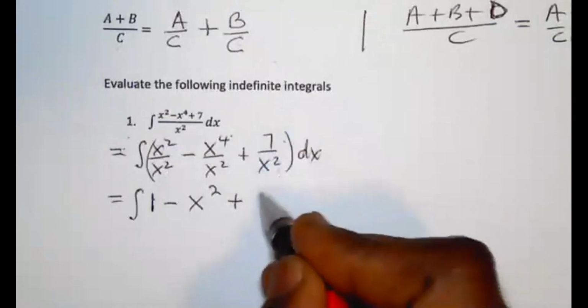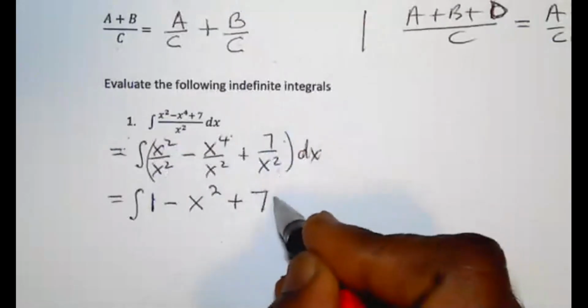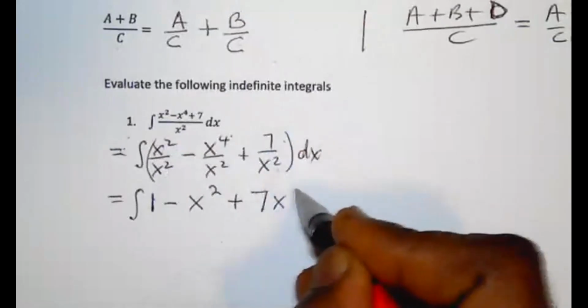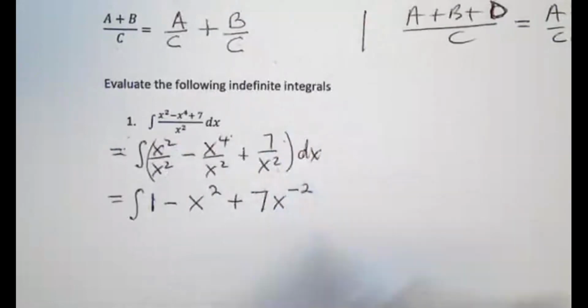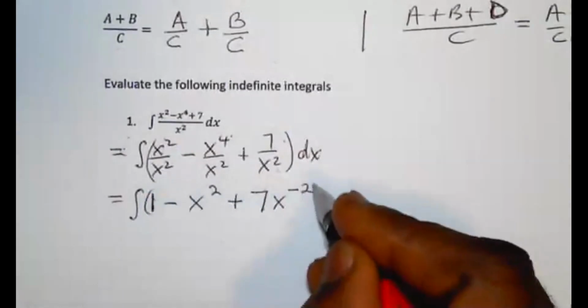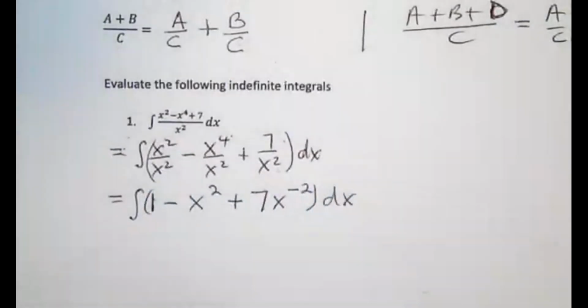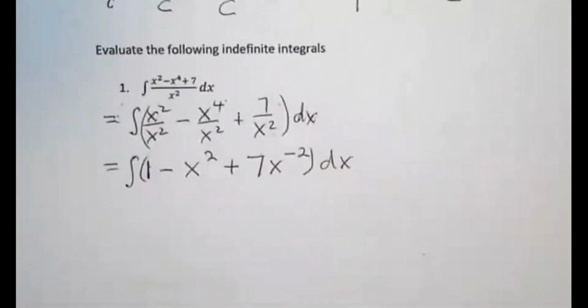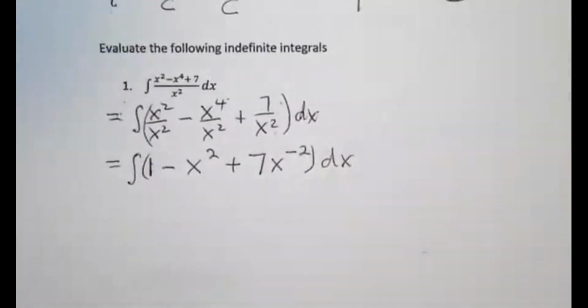So this becomes 7x to the power negative 2, using the negative exponent rule, all this dx.